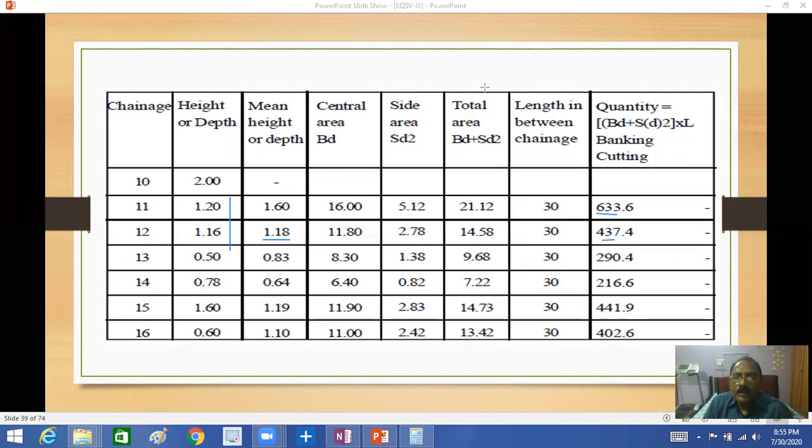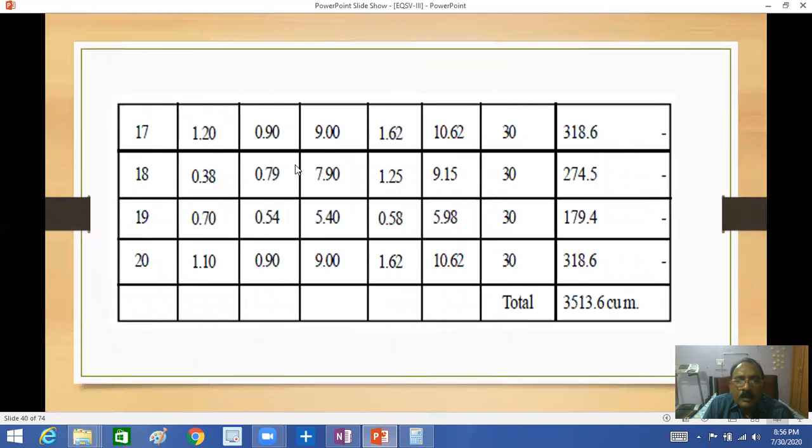Similarly, you have to calculate for D1, D2, D3, D4, D5, D6, D7, D8. The table columns are chain, height, mean height, central area, side area, total area, length between chains, and quantity in cutting. Next, for the 17th chain, 18th chain, 19th chain, and 20th chain, see here 1.21 is the depth at this level.